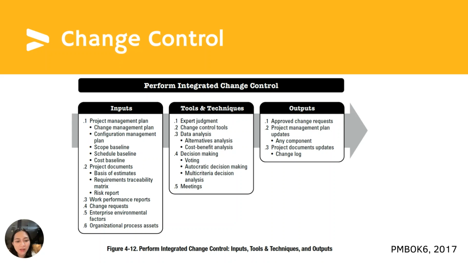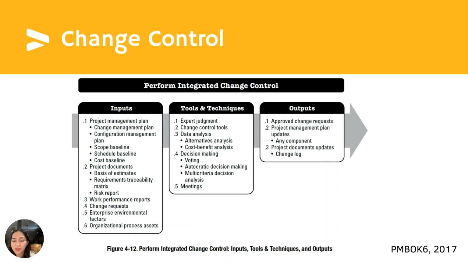So meetings, change control meetings, are held with a change control board. There you meet and discuss the changes, and you decide whether you approve, reject, or defer the changes that are being requested. So in the perform integrated change control outputs, we have approved change requests.